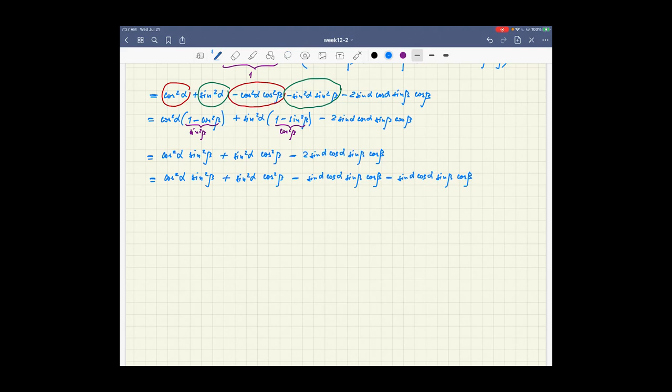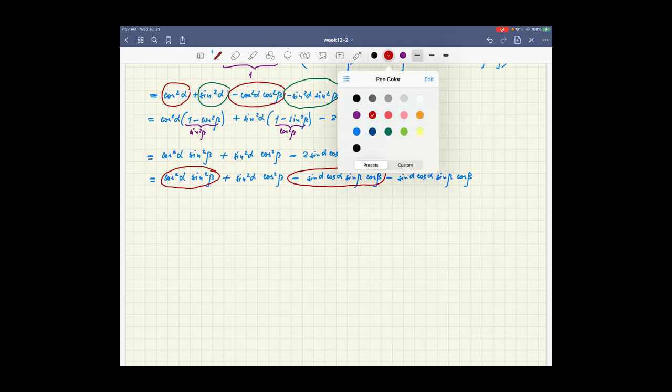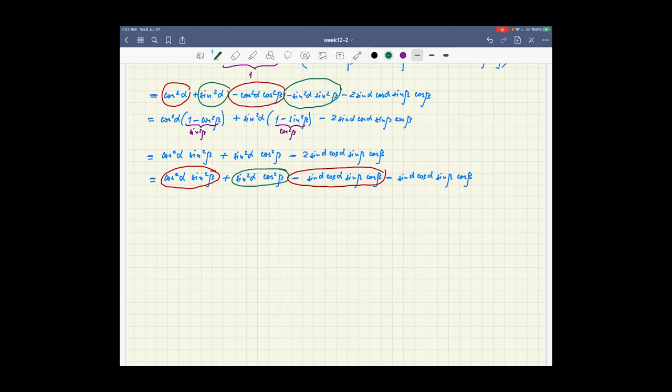Now, let's factor out cosine alpha sine beta from this term and from this term, and sine alpha cosine beta from the remaining two terms.